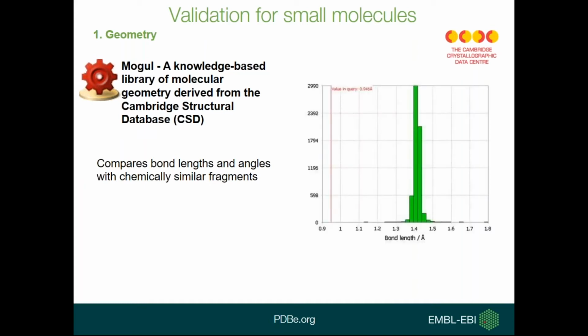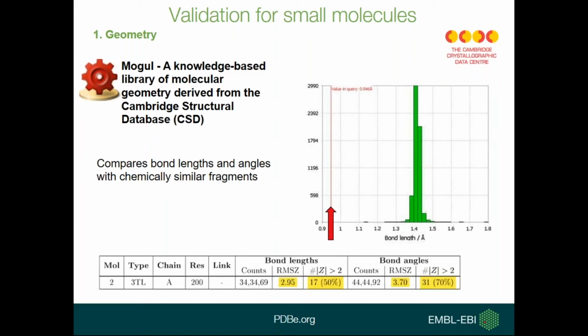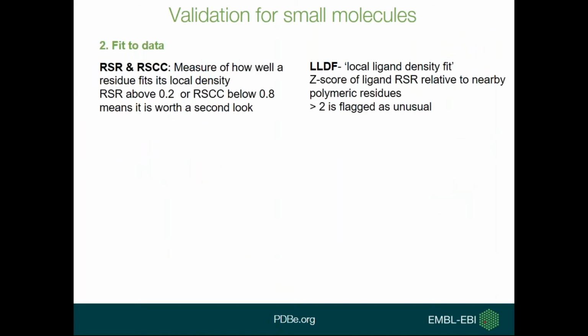So we can plot a graph and say, for similar fragments, this is the distribution of bond lengths. So if our molecule is over there, that's somewhat surprising. And again, this is in the validation report. Bond lengths and bond angles and strange values are flagged.